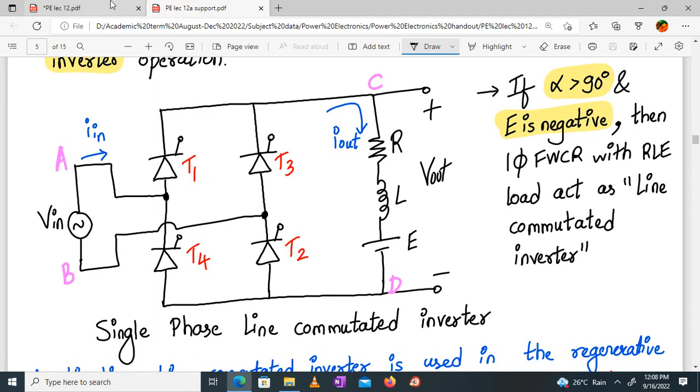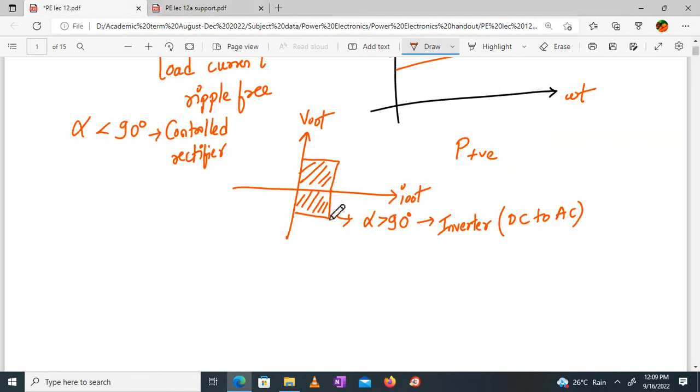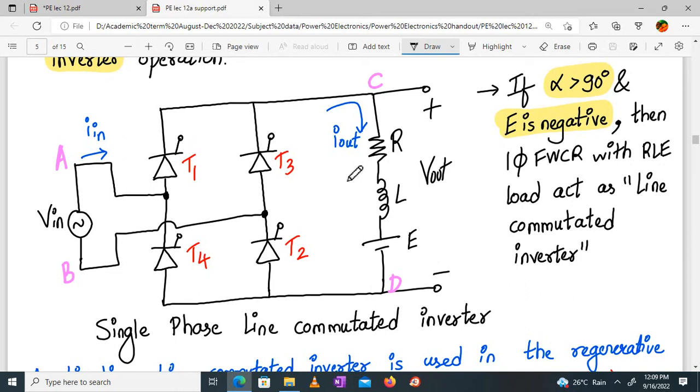And power triangle बनाया ये वाला. V out is negative, I out is always positive, right? Right hand side है ना I out. So the same circuit will act as an inverter. The working remains the same. खाली alpha equal to greater than 90 degree के लिए waveforms बनाओ.